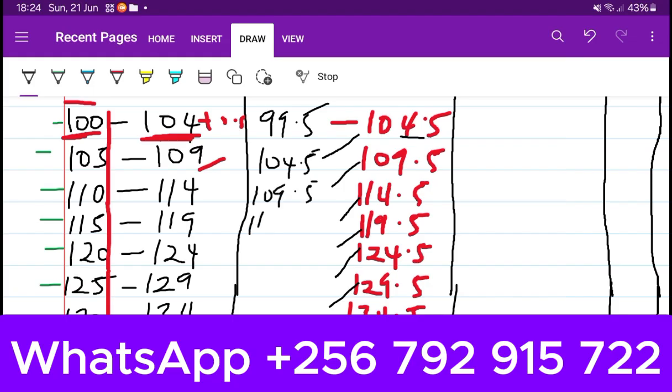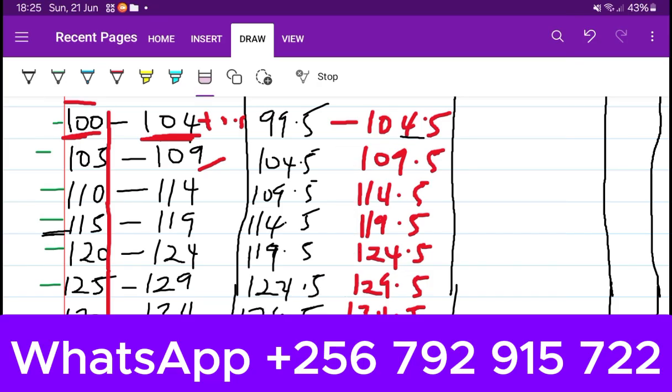Then you take this one, it will be 114.5. Or you can go and subtract 0.5 from this, but this will be easy. 119.5. Then this one will be 124.5. Then this one will be 129.5. And you are done. You just put in these dashes and you are done. That's all that we wanted for that.